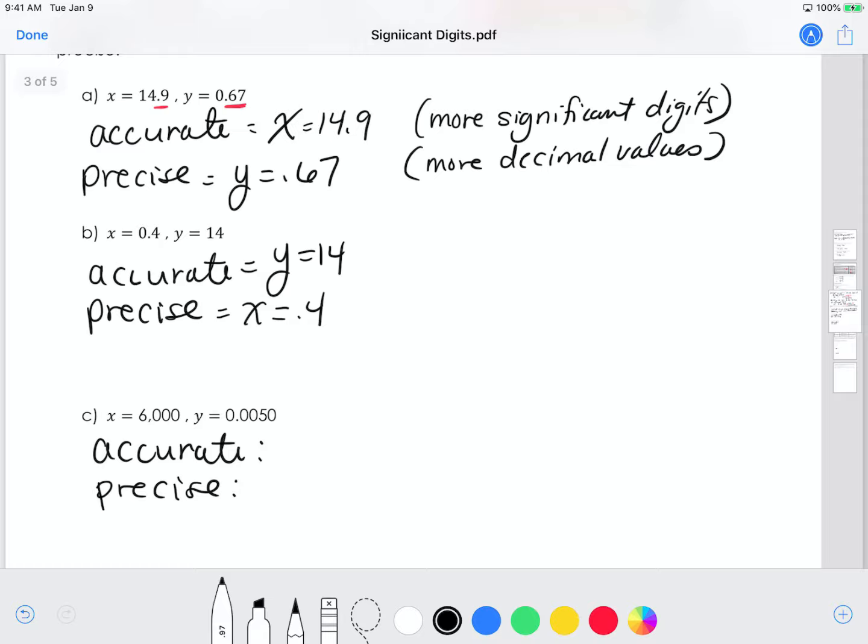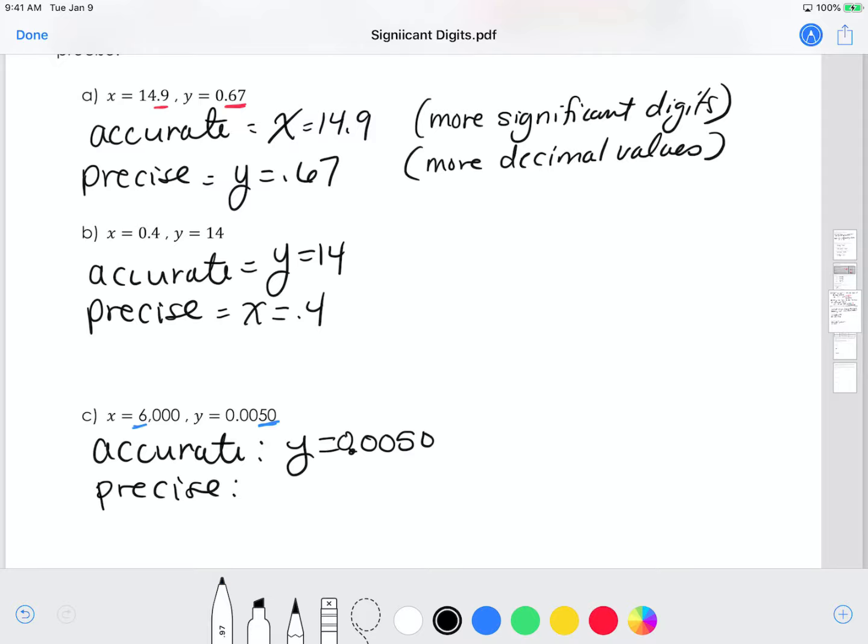In the last example, part C, we have x is 6,000 and we have y is 0.0050. X is 6,000 only has one significant digit, and y is equal to 0.0050 has two significant digits. That's these right here, because trailing zeros to the right of the decimal count as significant digits.